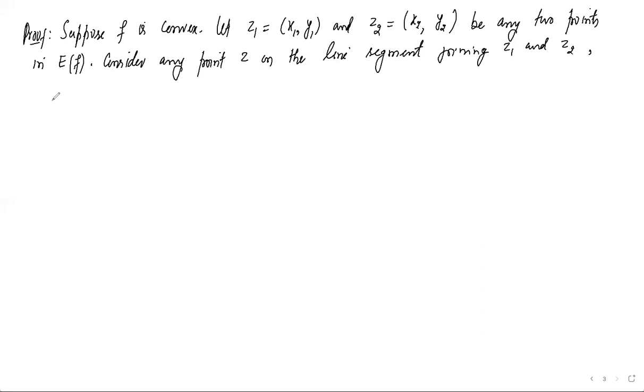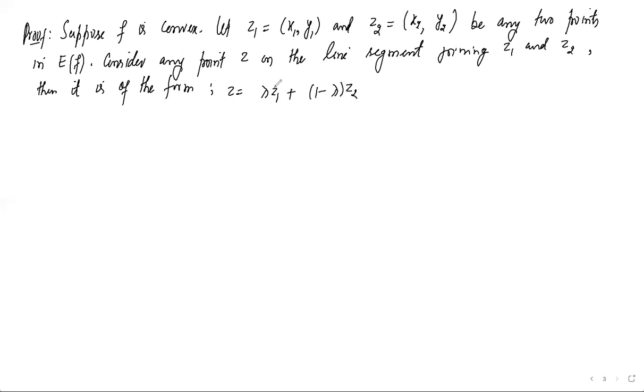Then we have seen in one of the previous lectures that such a point Z is of the form Z is equal to lambda Z1 plus 1 minus lambda Z2.